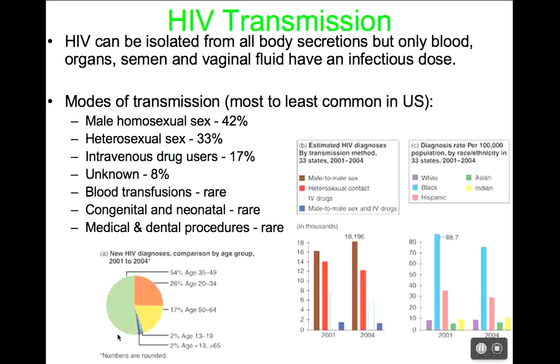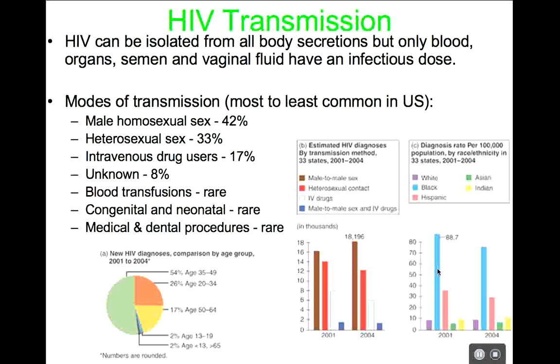Over here on this chart, we're looking at diagnosis per 100,000 people in the United States based on ethnicity. This is all CDC data, of course, trying to keep track of who's acquiring it, how they're acquiring it, when they're acquiring it, so that we can do something about it, so that we can reduce risks, etc. So here we're looking at, according to ethnicity, Caucasians here have a very low transmission risk.